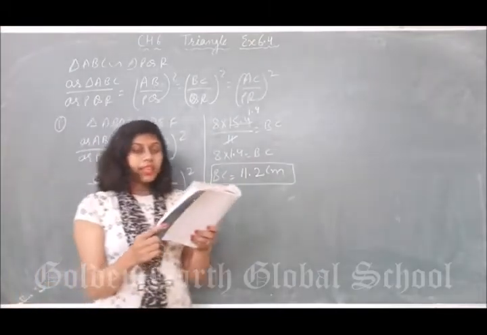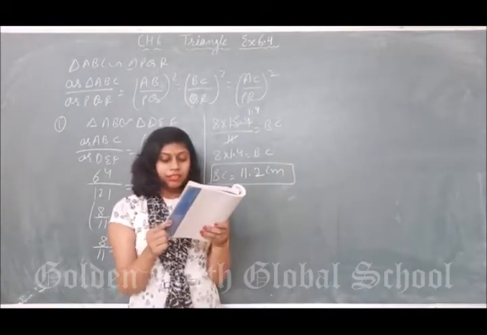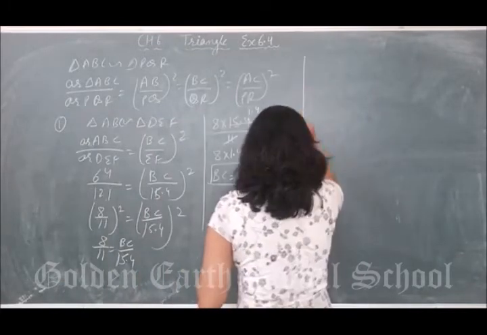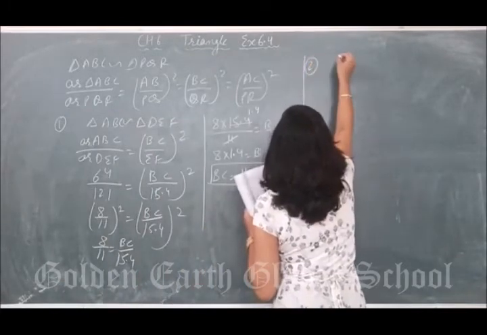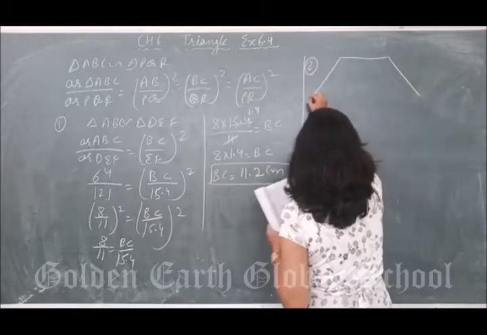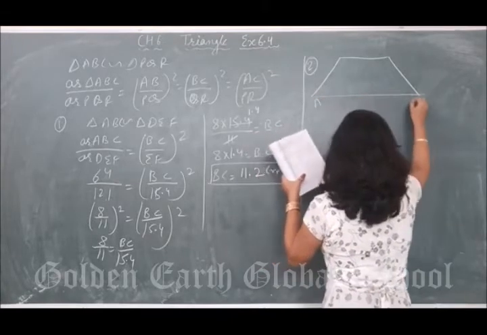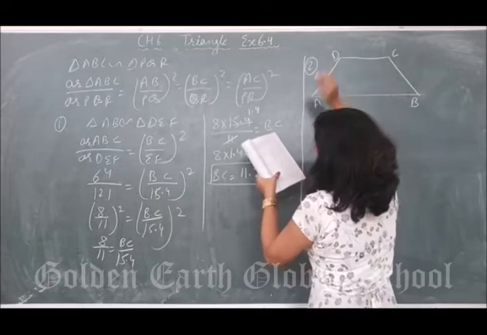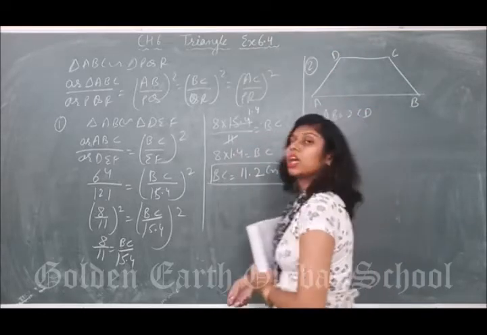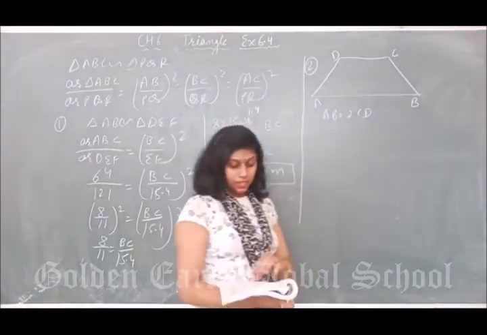Clear? Next, second question. Diagonals of a trapezium ABCD with AB parallel to DC intersect at O. AB is double of CD. It means AB side is greater than CD. AB is this side and CD is this side.